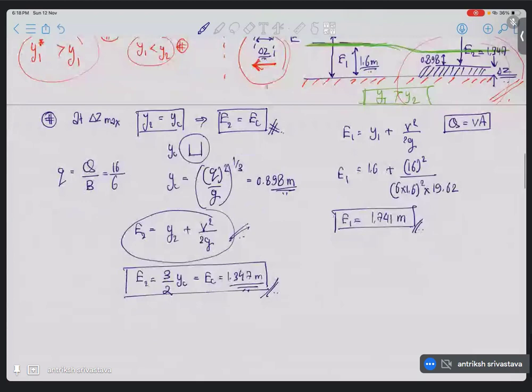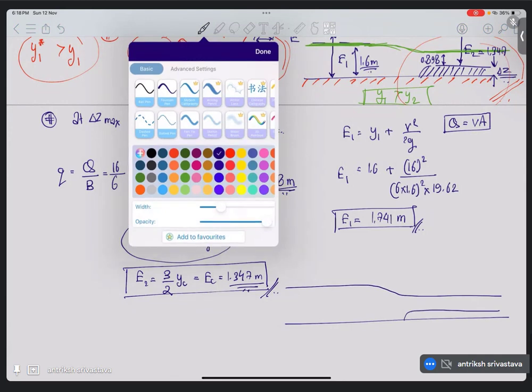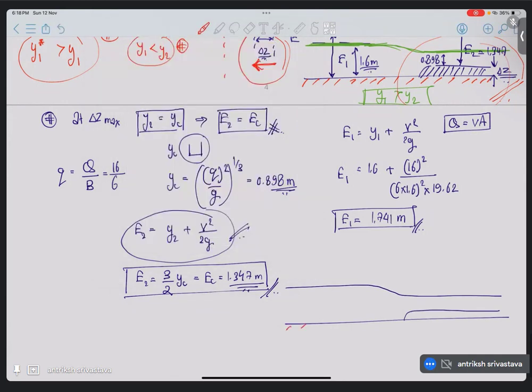Okay, so let me draw again the line. This is our bed slope. This is our hump. This is the total energy line above the bed slope.